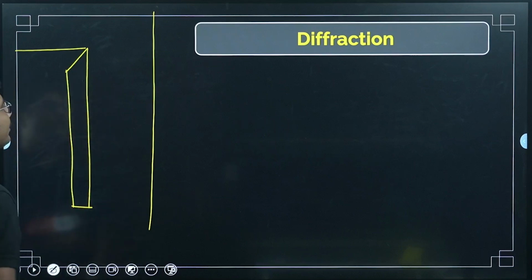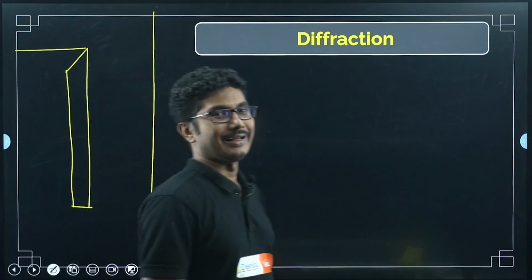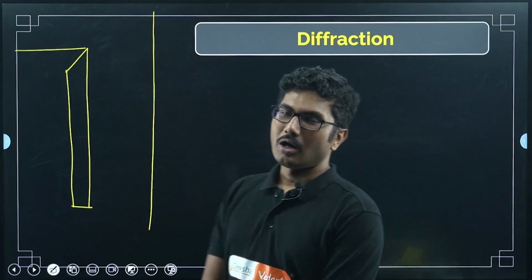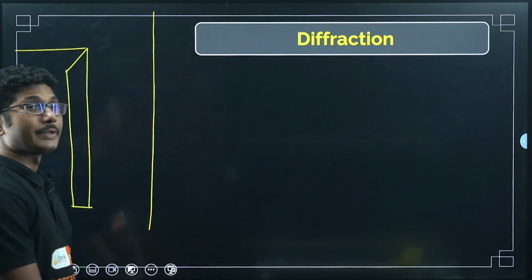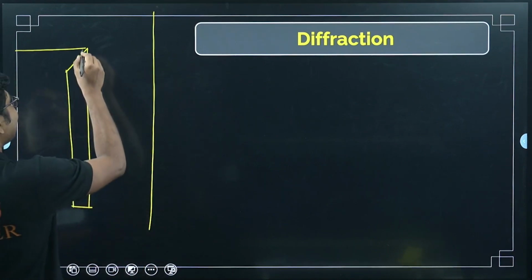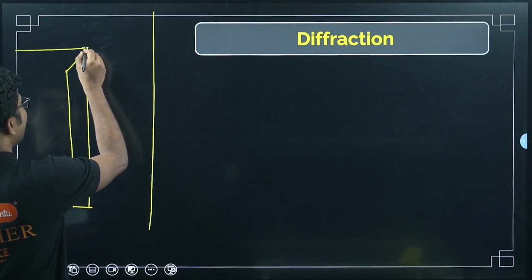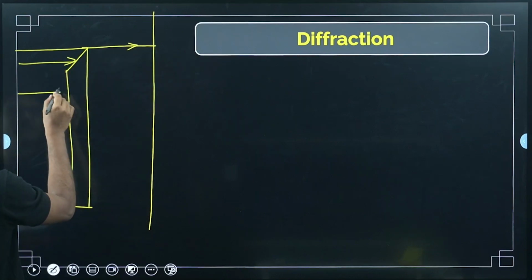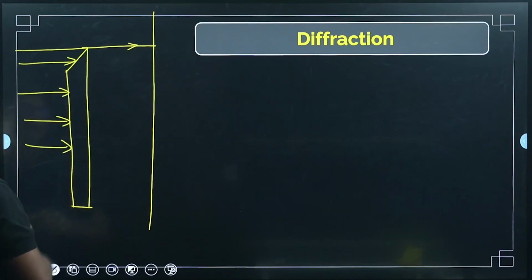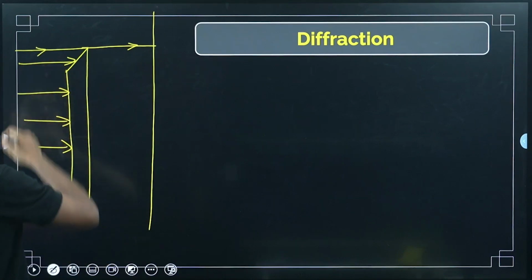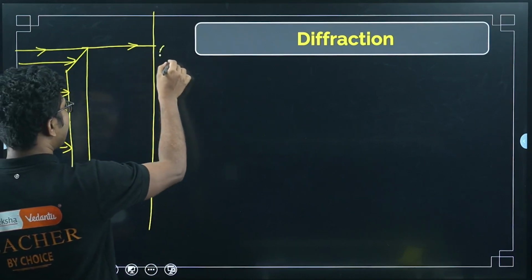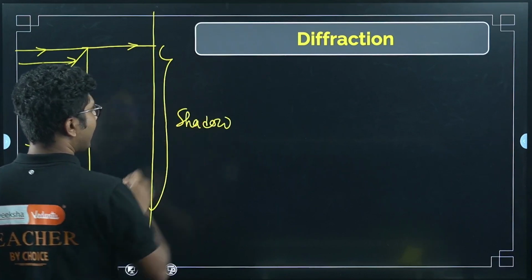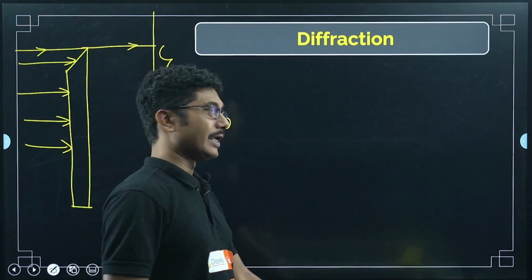Now what are we supposed to observe on this screen? We have two perspectives. First, what does ray optics tell you? Ray optics tells that the ray of light will continue to travel along the edge, and any light coming along this gets absorbed. This ray will travel here, and we should obtain a shadow here, right.